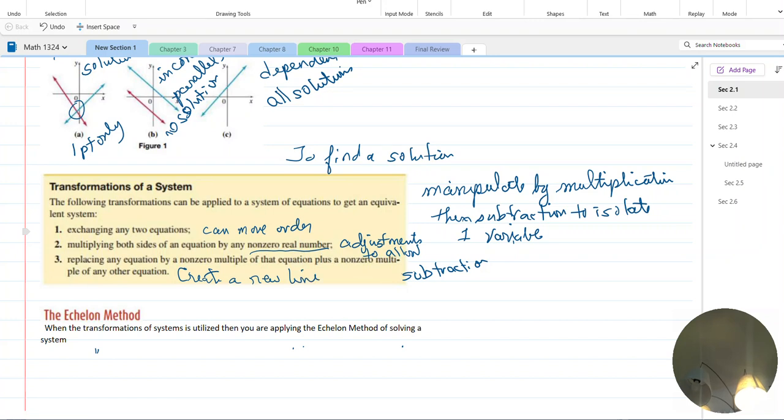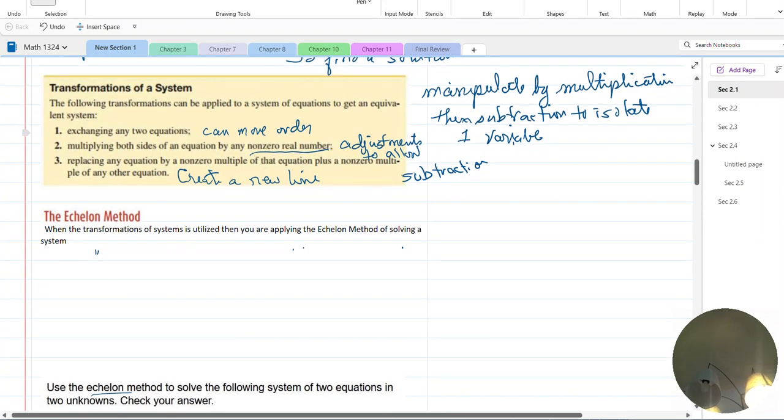All right. Well, we know these transformations as the echelon method.